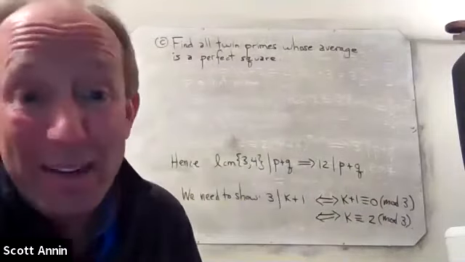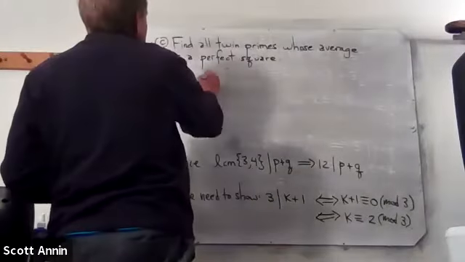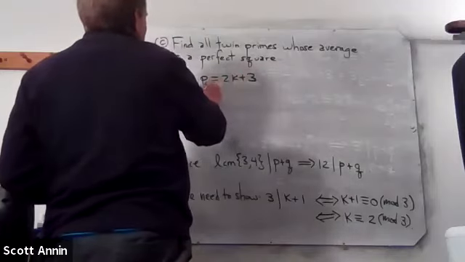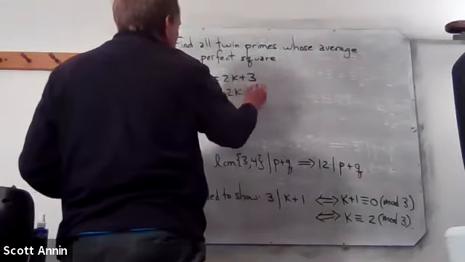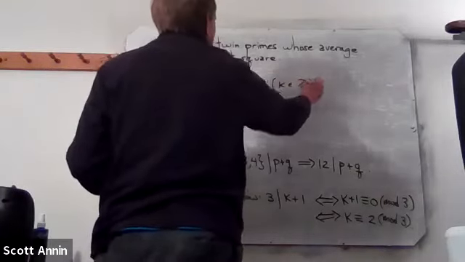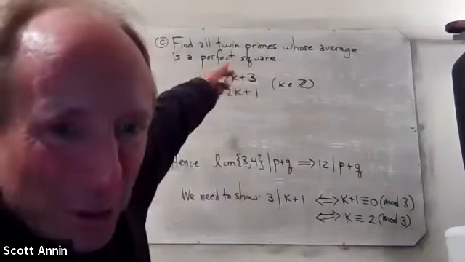So again, we already kind of know how we've been writing this out before. We have P is equal to 2K plus 3, and Q was equal to 2K plus 1. I hope that was the way I did it, where K is an integer. This is consistent with what I was doing earlier, these 2 choices.